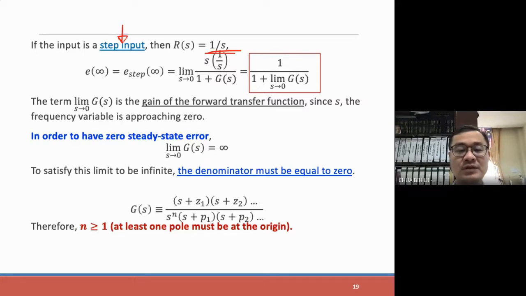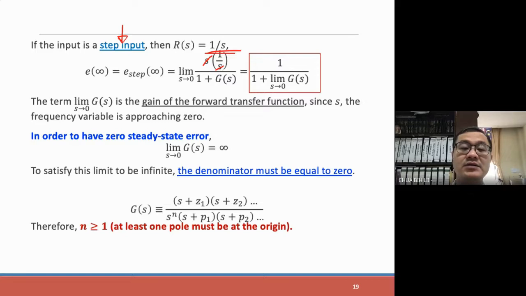So you just substitute into the previous equations, and eventually you will see that this will cancel out. So it becomes 1 divided by 1, since this limit is applicable, distributable to the other terms itself, so you have 1 divided by 1 plus limit s approaching 0 for G(s).